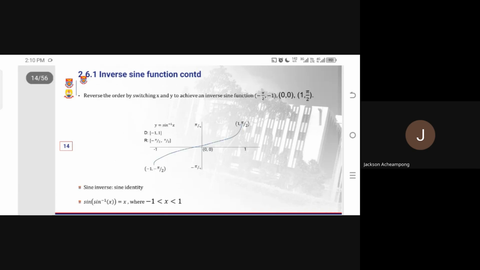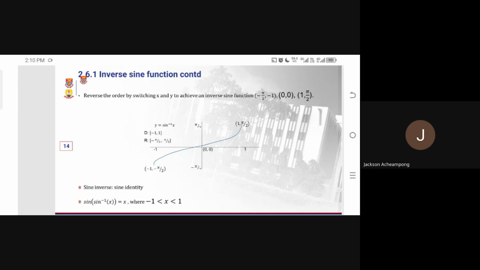No. Because the x value is not lying between -1 and 1, it does not exist. But let's punch in sine of sine inverse of 0.5. What are we getting? One over two, 0.5. Very good.